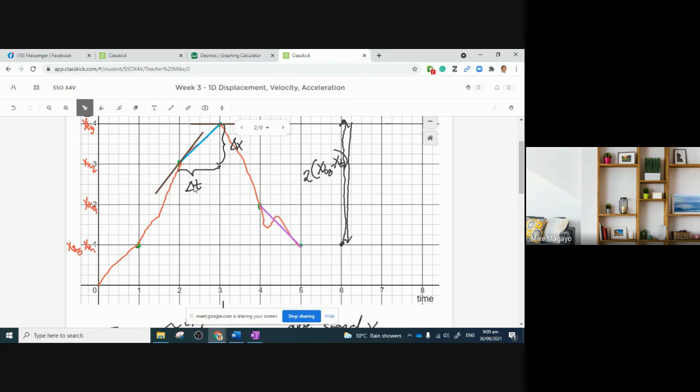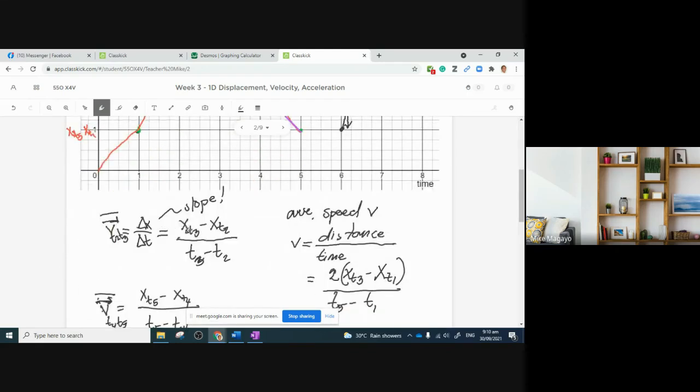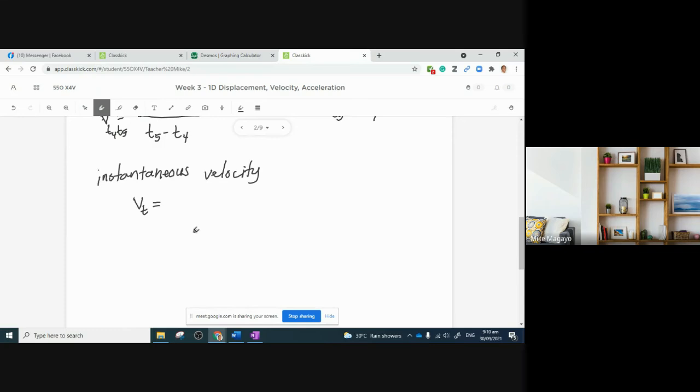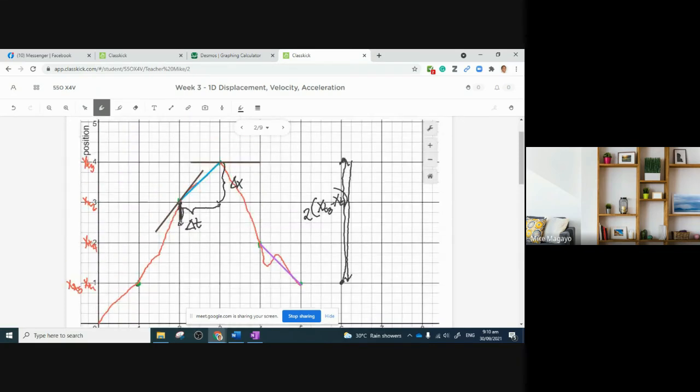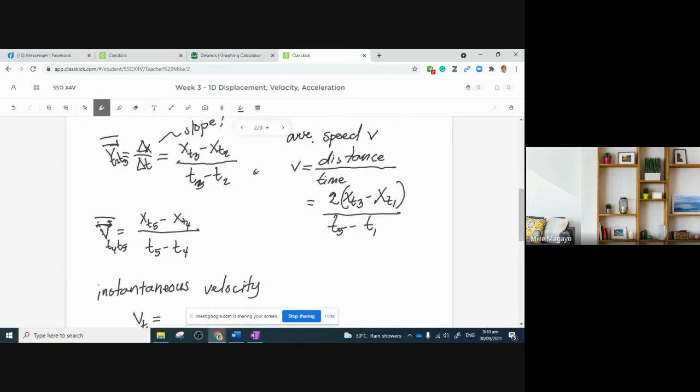If we could make delta t very tiny, just a small amount of delta t, we could calculate for the velocity. Okay, because as you could see, the position is affected by the time. In fact, position is a function of time. However, we don't know the exact function yet.